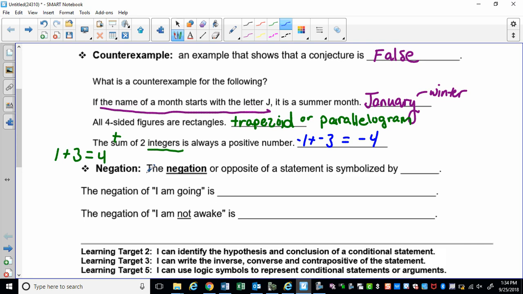The negation or opposite of a statement is symbolized by this tilde. It's called a tilde. So the negation of I am going, we're going to usually put a not in there. So I am not going.